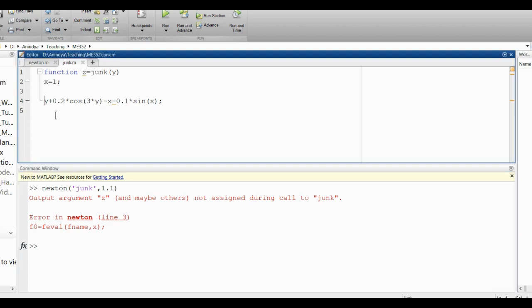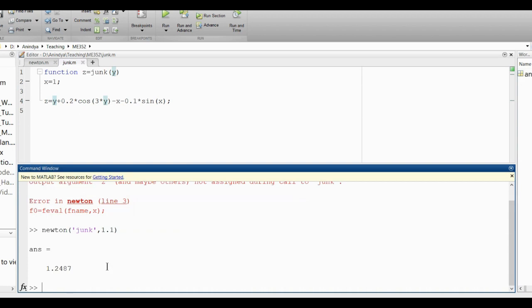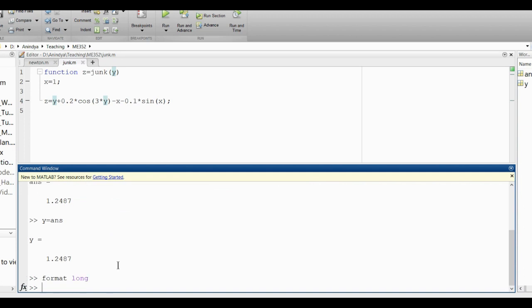So I say z equals, that's the quantity that has to be made 0, and when I do that, then I get my answer. So that is my y. Let me do format long, and that's my answer. Okay, I can check. I can say junk of y, and indeed it is very small because Newton-Raphson has given me a solution.